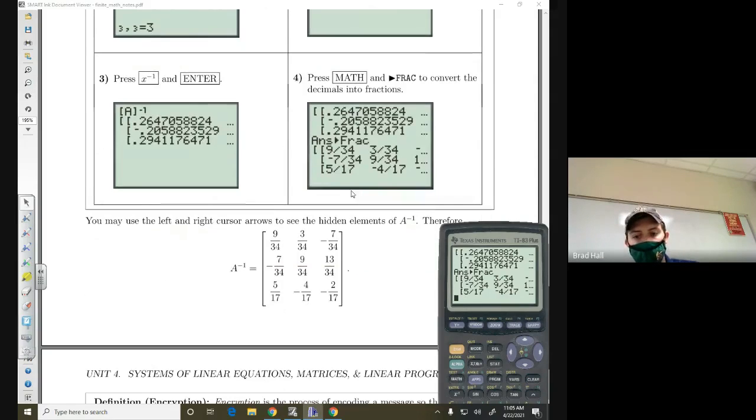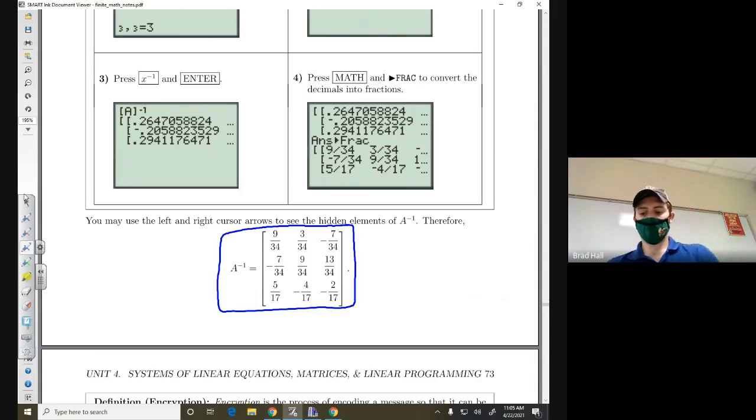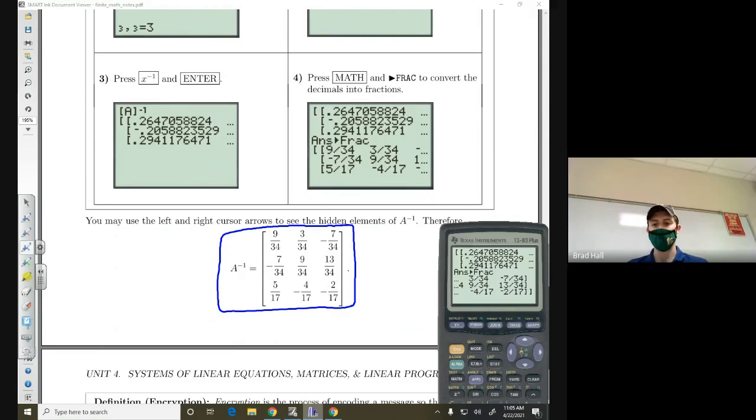And if you did all of that correctly, you can move your cursor to the right to see the remaining entries. But if you typed in everything correctly, you should have obtained this matrix right here. And that is the inverse matrix.